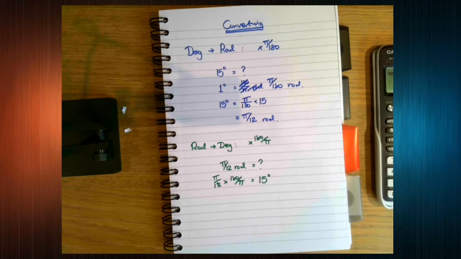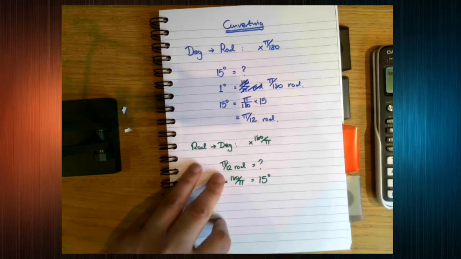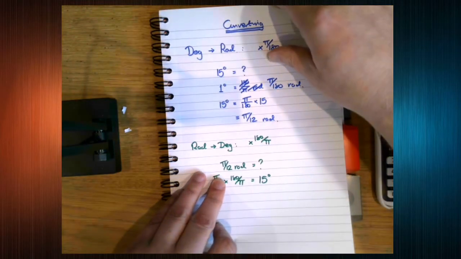So, now we know how to convert between radians and degrees, and vice versa. If you turn to page 12 of your workbook, you should see questions 1 and 2 are effectively that, expressing various things in radians.